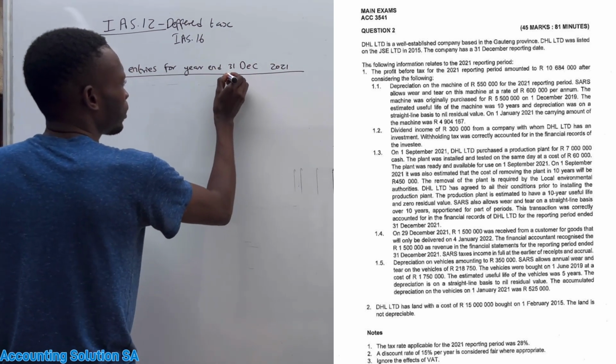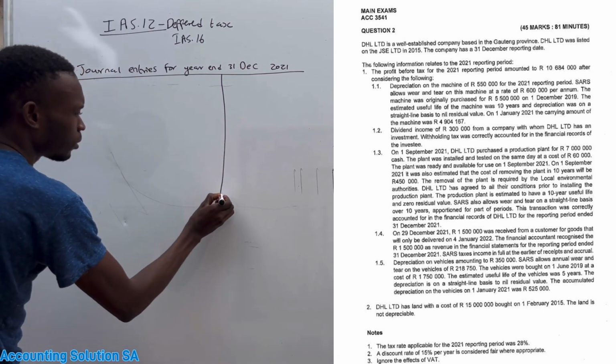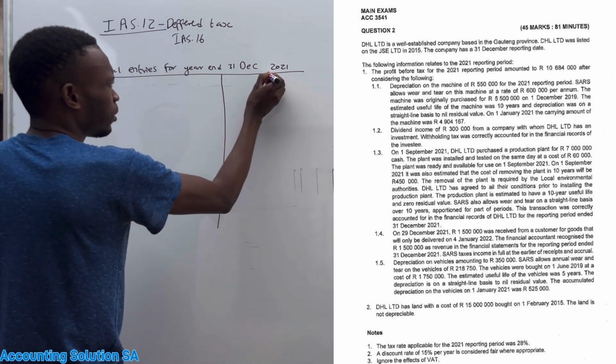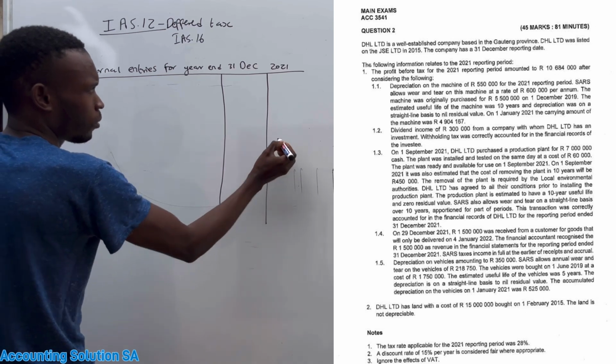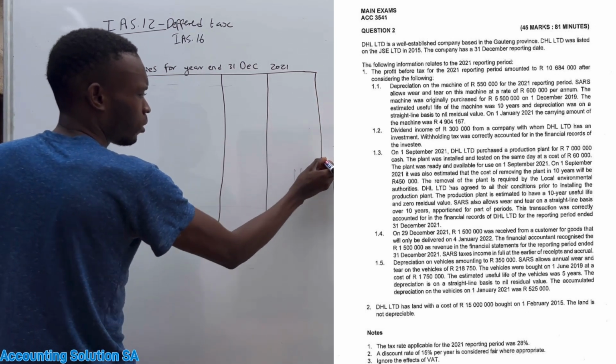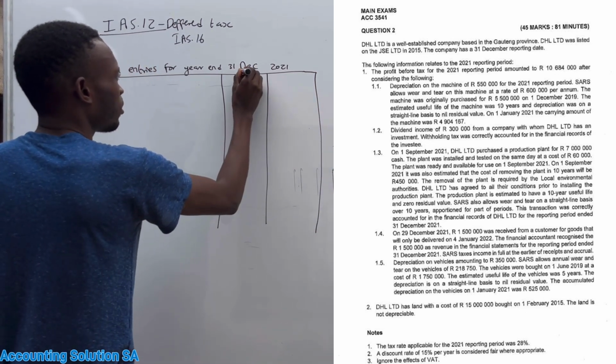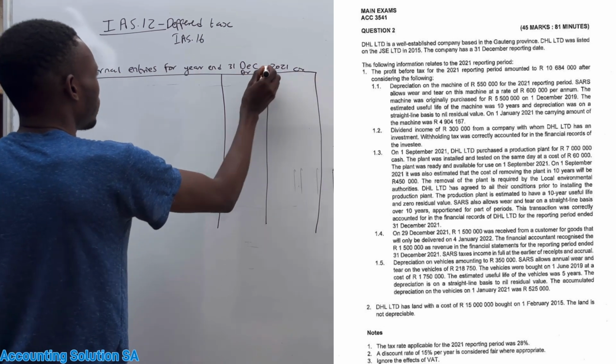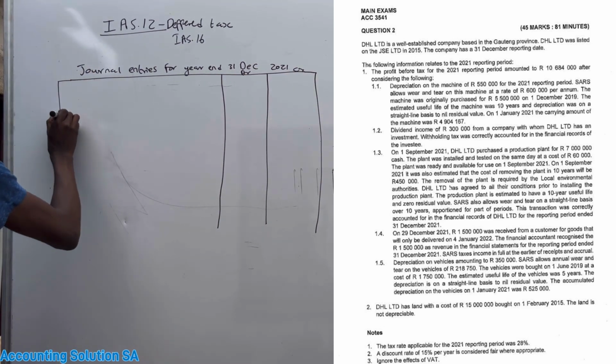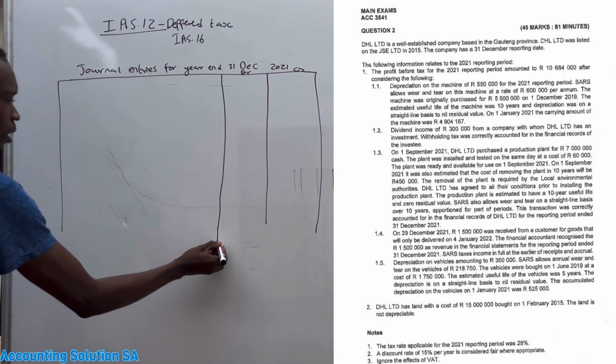Okay, just like this. All right, we're going to have our debit side and our credit side. On this side we're going to write details of the journal.